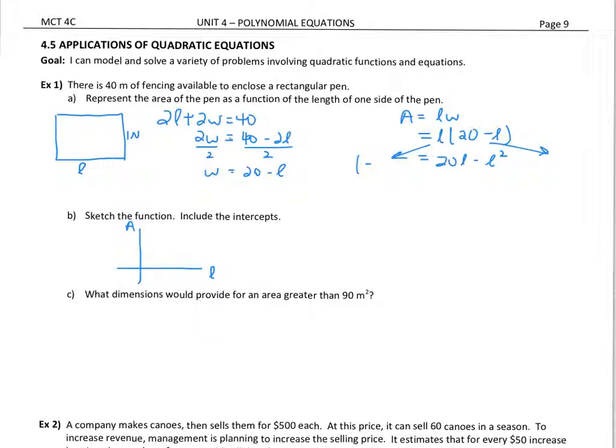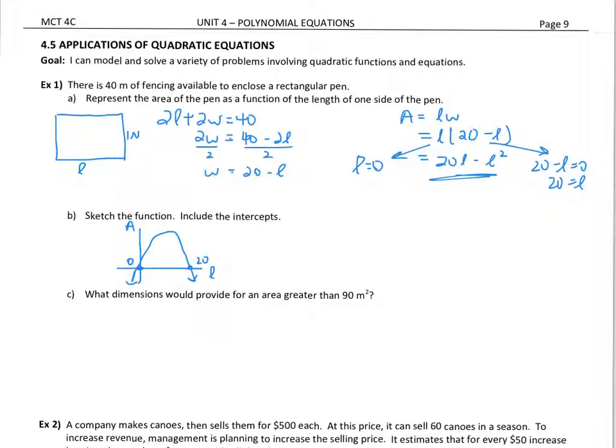L equals 0 is one of the x-intercepts, and the other one would be 20 minus L equals 0, which gives me 20 equals L. So we've got an x-intercept here, x-intercept here. We'll label this as a 0 and this as a 20, and this parabola is opening down based on the leading coefficient, so I'm going to sketch that. So there we are.